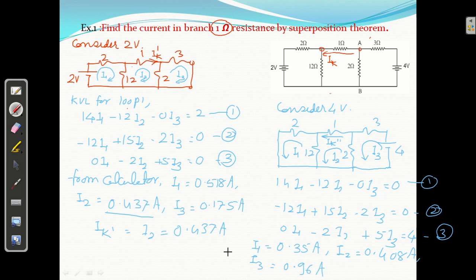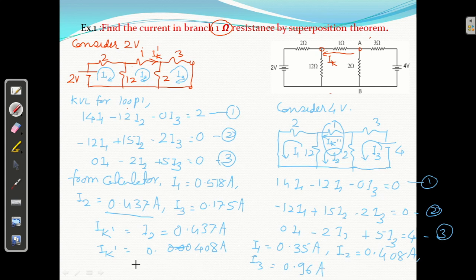Okay, so here you can say IK double dash is nothing but I2. So I got IK double dash equal to I2, that is 0.408 ampere. Okay, 0.408 ampere.